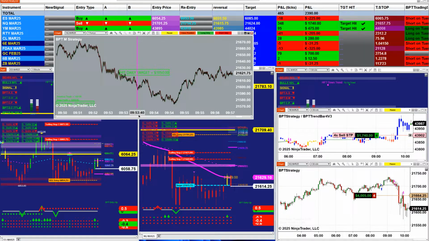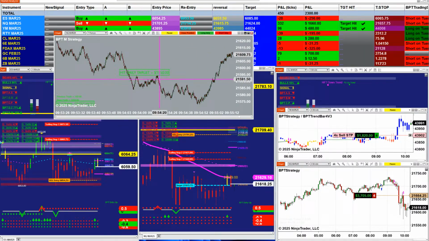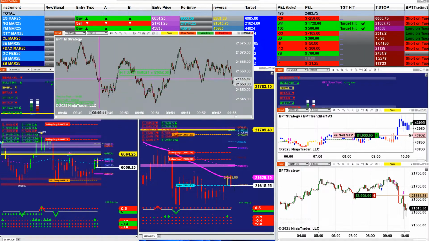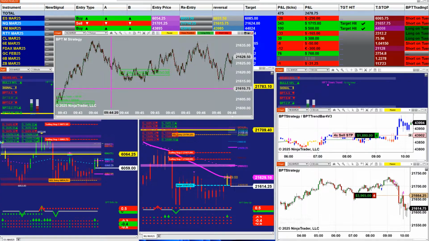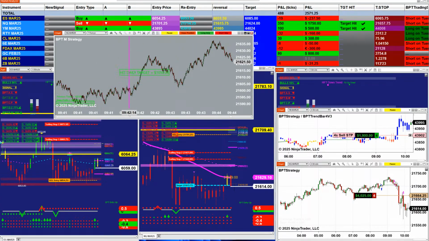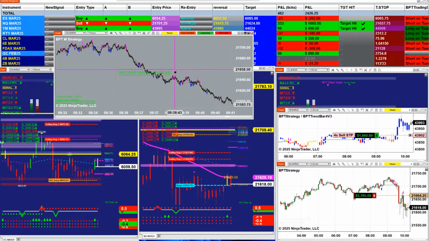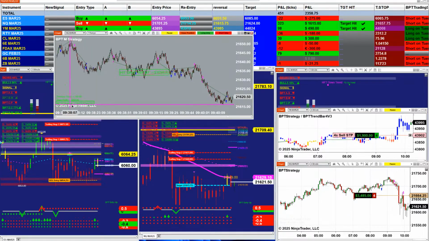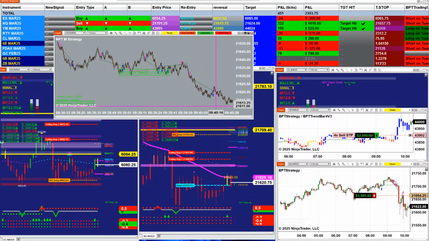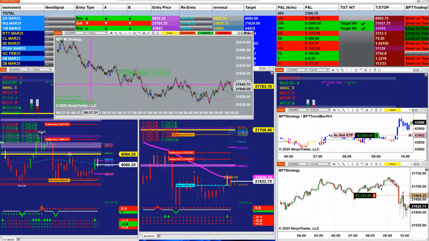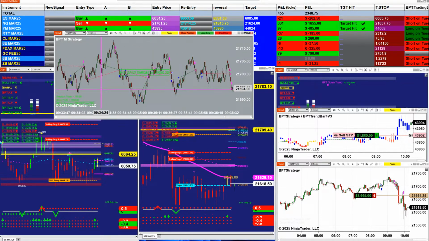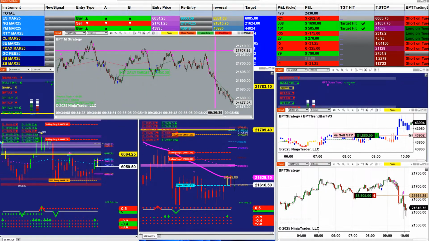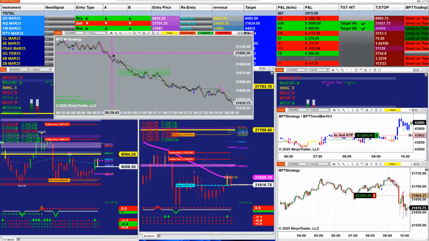This is a 7 range. Here they are. We finished at 9:40, and we started around 9 o'clock.